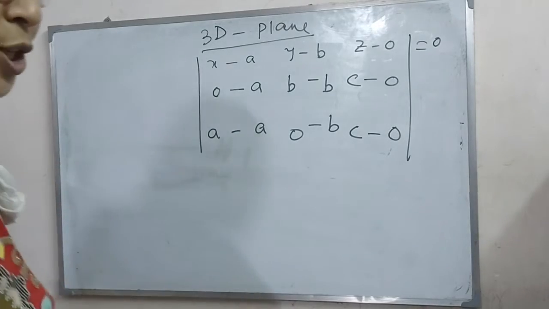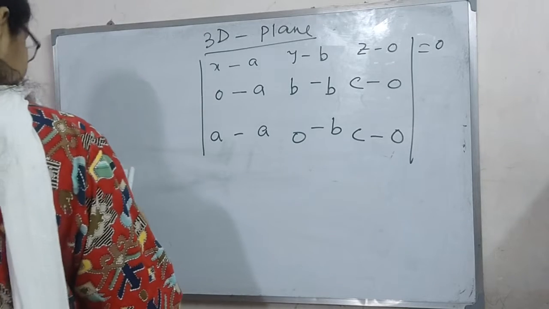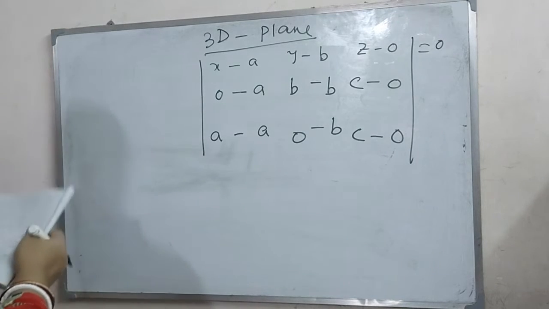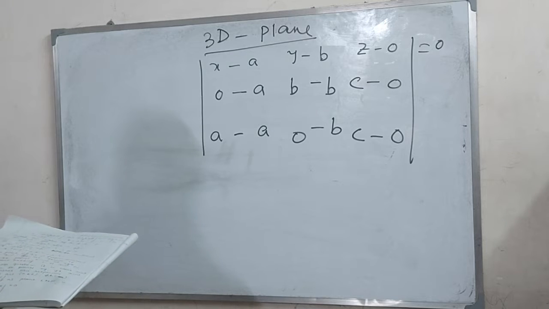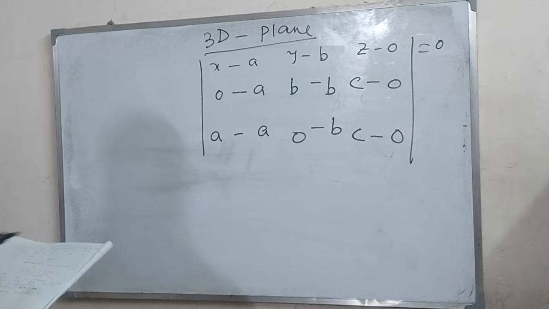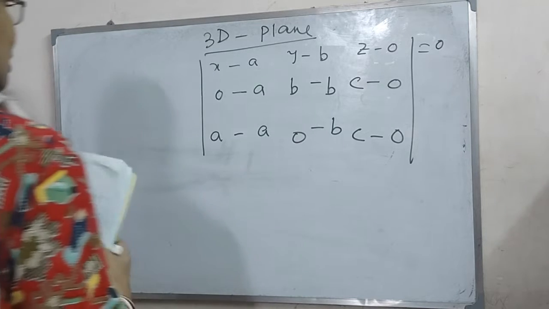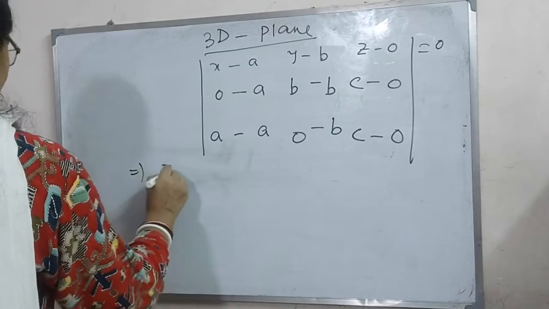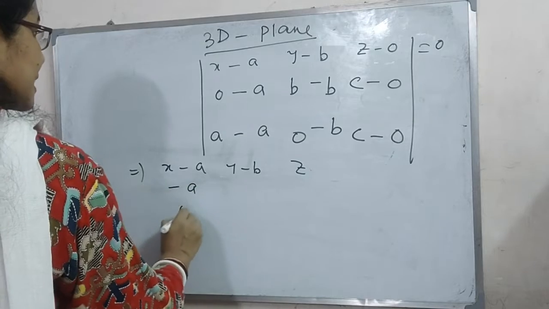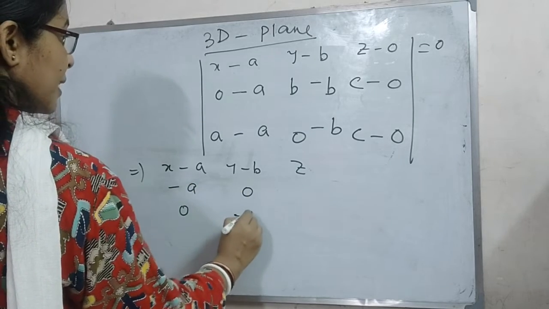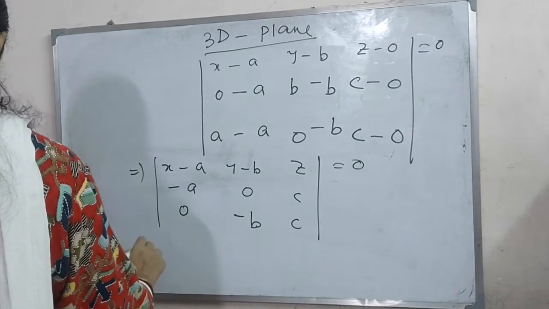This is the required equation of the plane passing through three given points. I can write it as: x minus a, y minus b, z; 0, minus b, c; minus a, 0, c, and this is equal to 0.